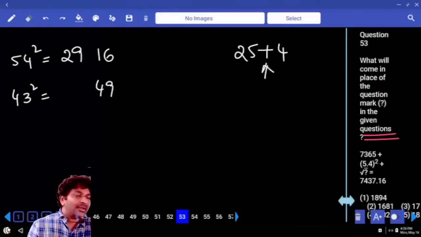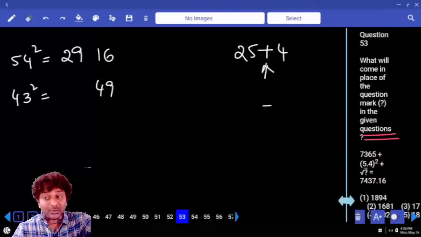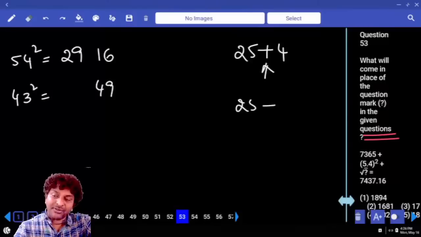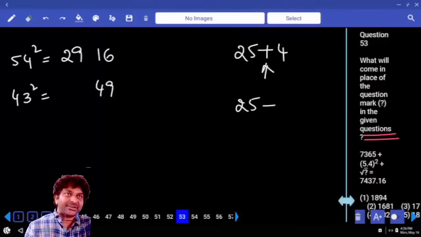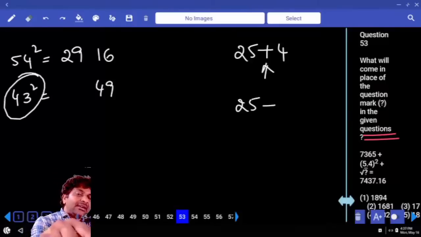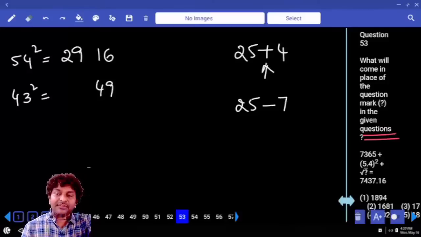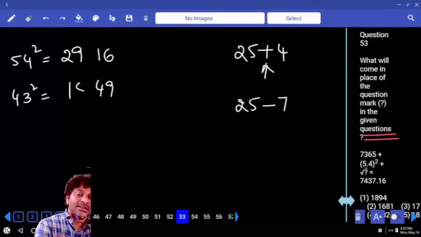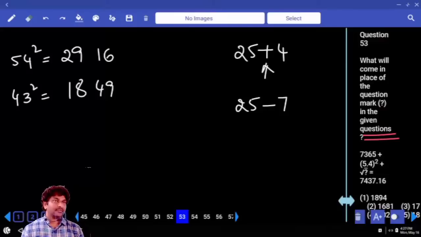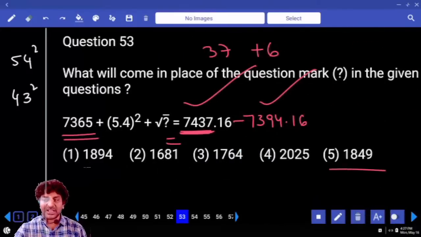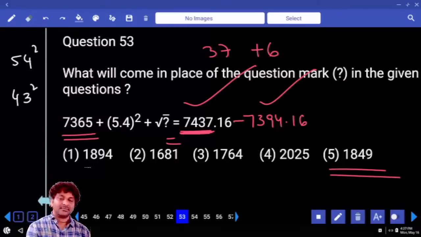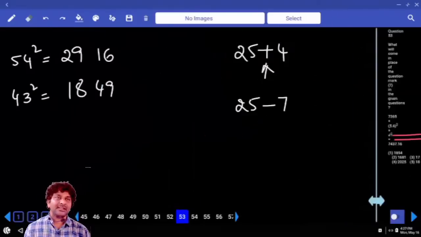But now our number is less than 50, so we have to subtract the difference from 25. How much is the difference? 25 minus 7, 18. The answer is 1849. And that's what we verified using last digit verification. 1849. Understood?